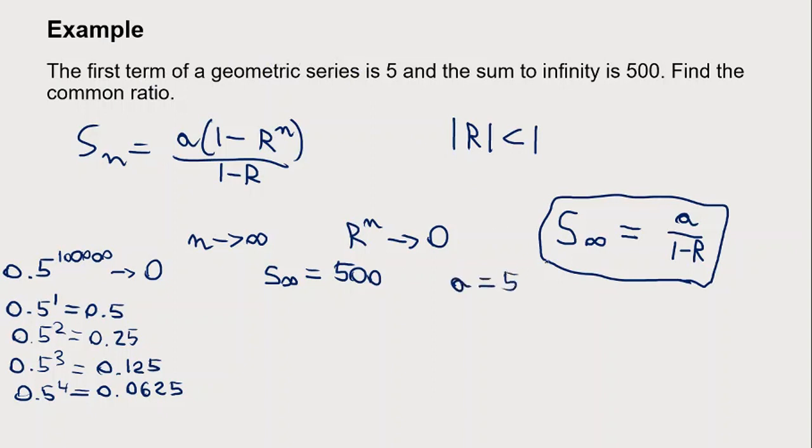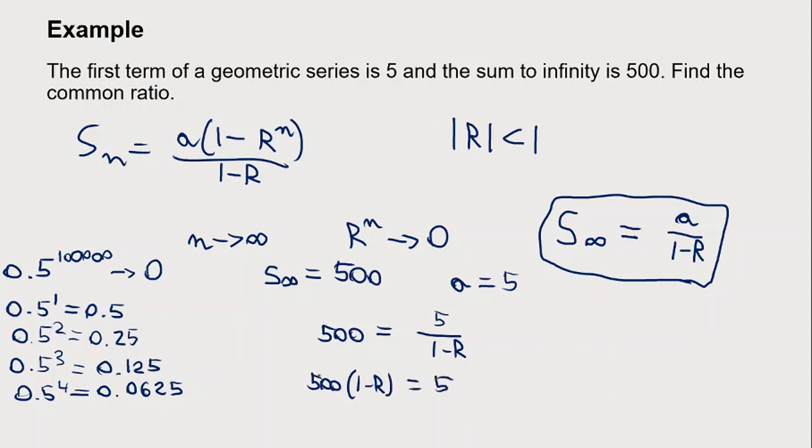Then it's a simple case of substituting this into the formula. On the left-hand side, the sum to infinity is 500; on the right-hand side you have a, which is 5, over 1 minus the ratio, which means we can bring this 1 minus the ratio to the other side and write 500 multiplied by 1 minus ratio is 5.